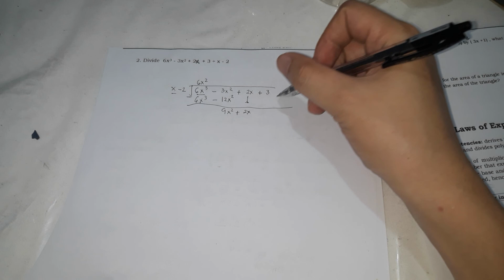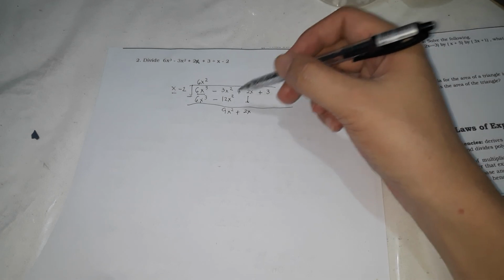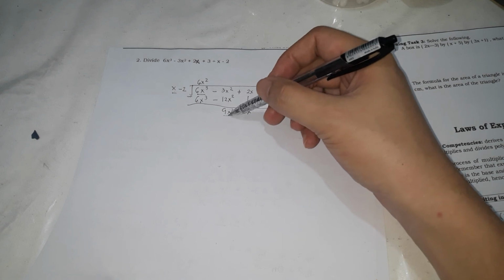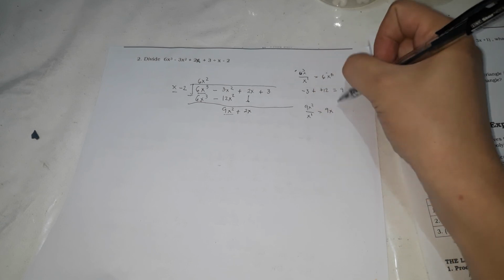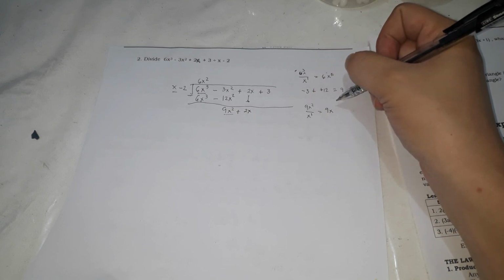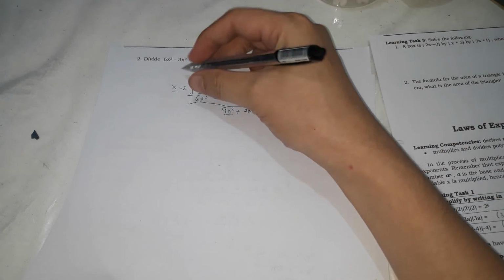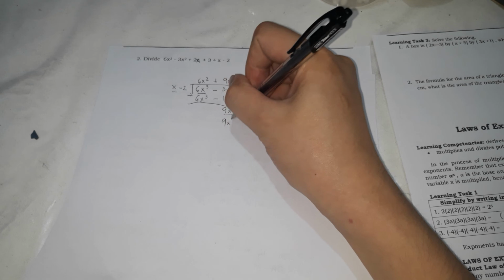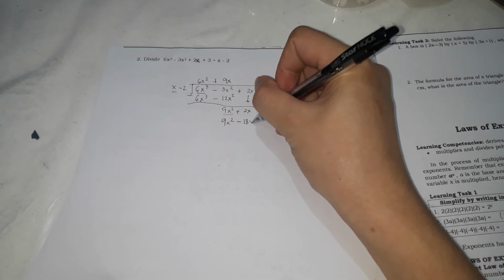Or pwede dalawa, but you can have it only the next term. So 9x squared divided by x, first by first. So copy 9, 2 minus 1 is 1, x to the 1, or positive 9x. 9x times x is 9x squared. 9x times negative 2 is negative 18x.